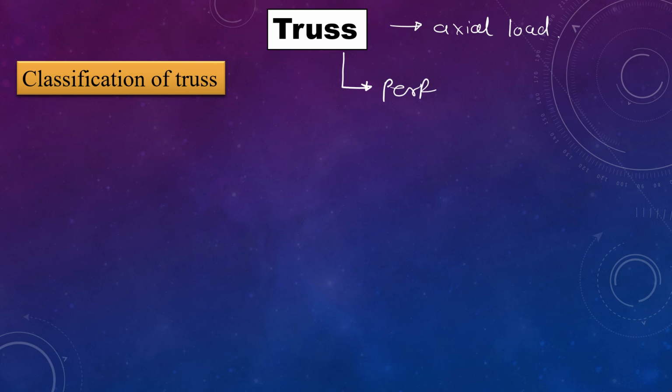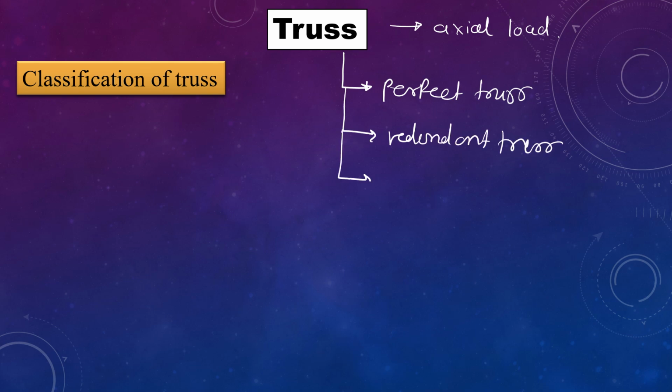First is perfect truss, then next is redundant truss, and last one is deficient truss. We'll see the three trusses one by one.